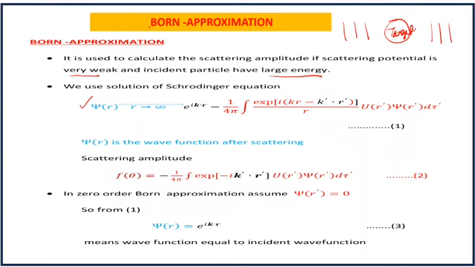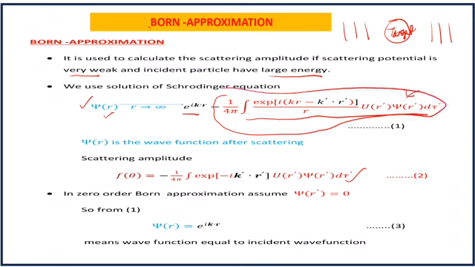Its asymptotic solution is given by this, where psi r is the wave function after scattering and psi r dash is the wave function before scattering. And this part is the scattering amplitude part, e to the power i k r upon r.